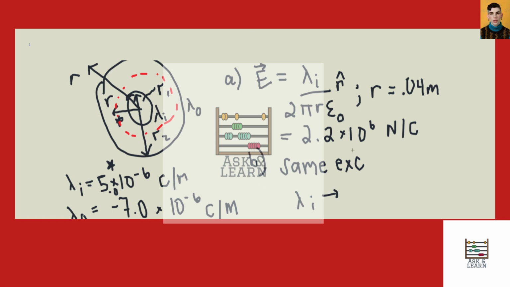And so the total charge density is going to be minus 2.0 times 10 to the minus 6 coulombs per meter. And we also need to use a bigger radius. So r is going to be 0.08 meters now.